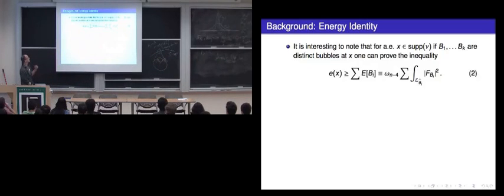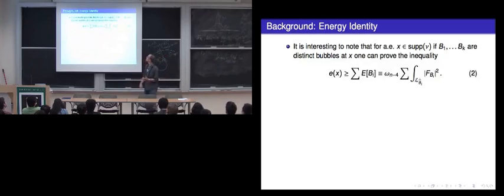Then one can fairly easily prove the following: the energy density at this point, up to the volume of the n-4 ball factor, should be at least the sum of the energies of all these bubbles that you actually got out from here.